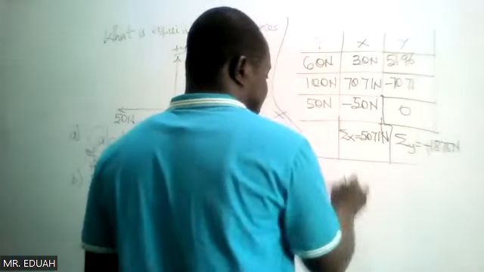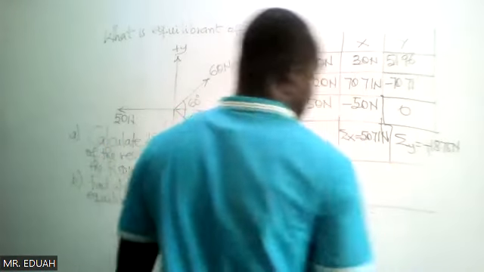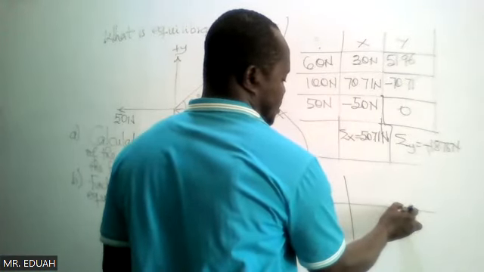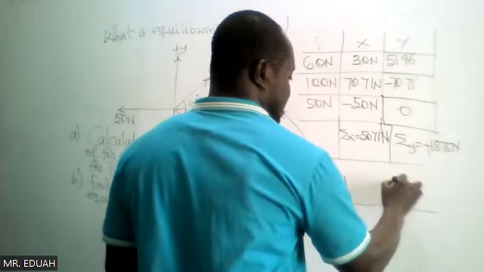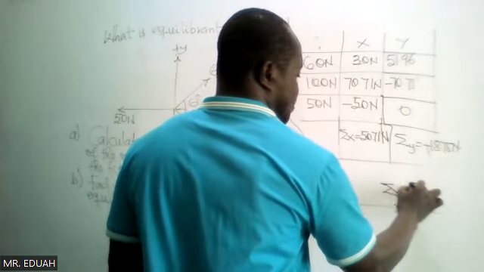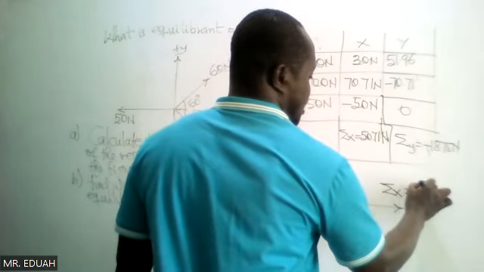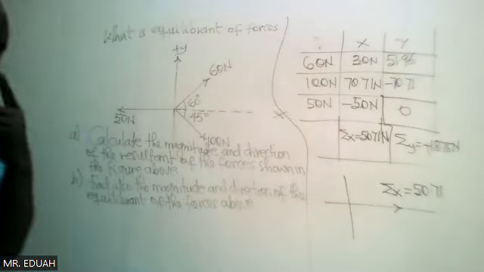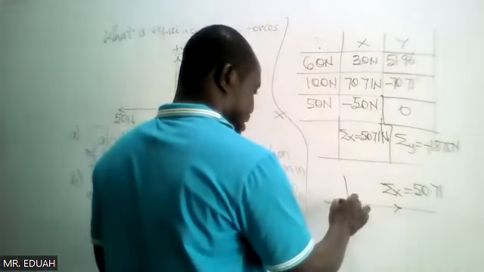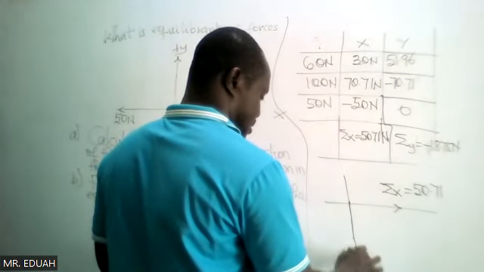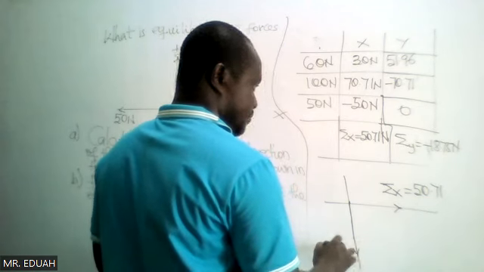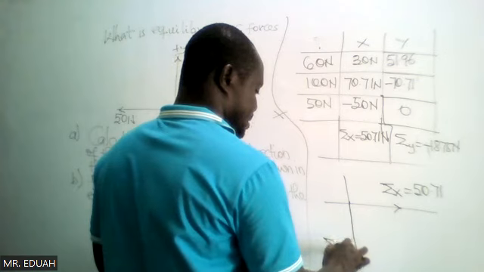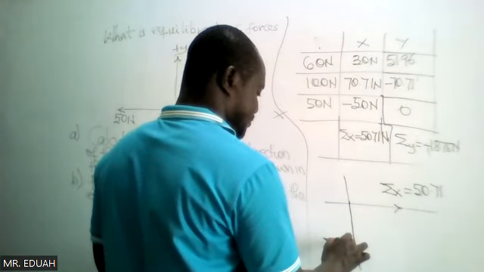So my x and then y. My summation x is positive, 50.71. Summation y is negative, so it's here. This is 18.75 Newton.